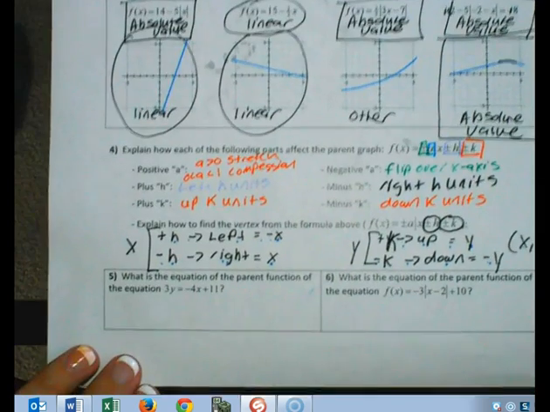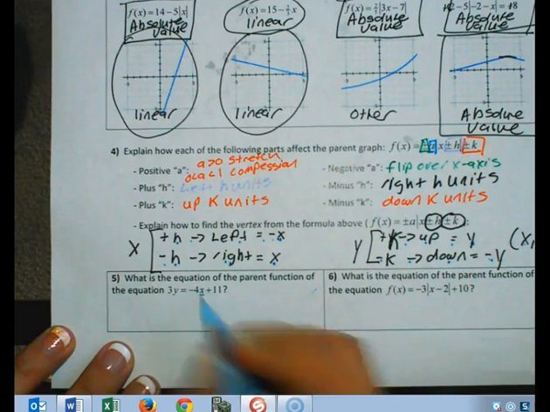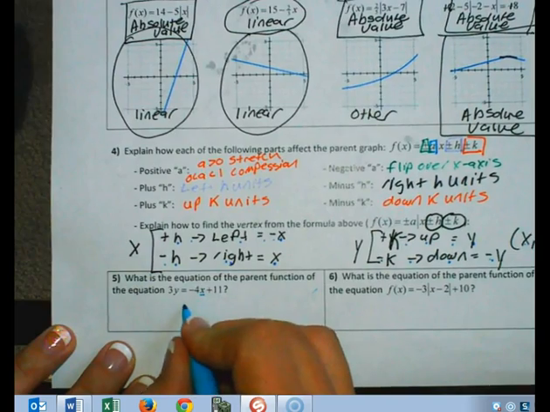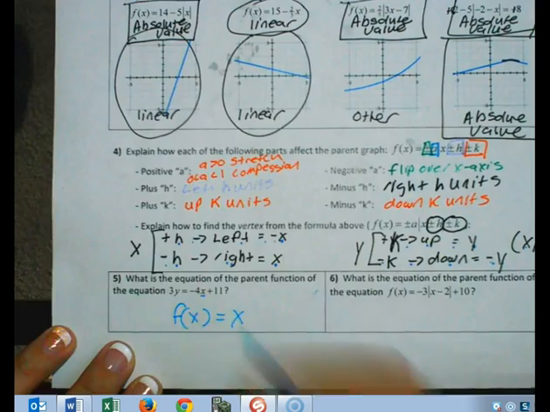All right, next one. What is the equation of the parent function of the equation 3y equals negative 4x plus 11? So the trick here is recognizing that this is a linear function. If you can recognize it's a linear function, then you know that the parent function is f of x equals x.